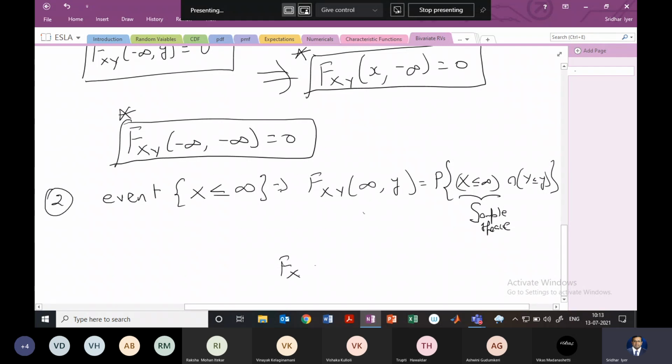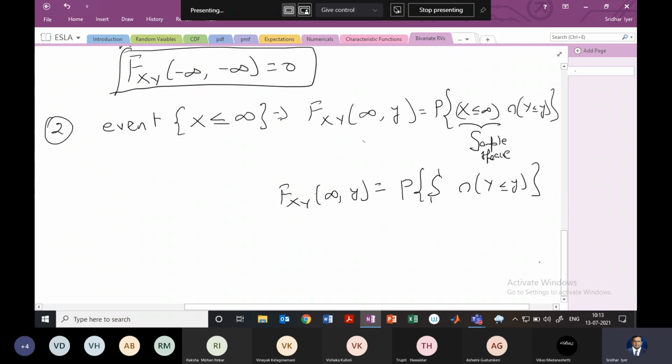Therefore, I can write this Fxy of infinity comma y as nothing but probability entire sample space. So I'm going to write this as sample space intersection y less than or equal to y, and sample space intersection of anything is nothing but that particular value, right? So if I draw a diagram, you have the entire sample space, and here you have y.